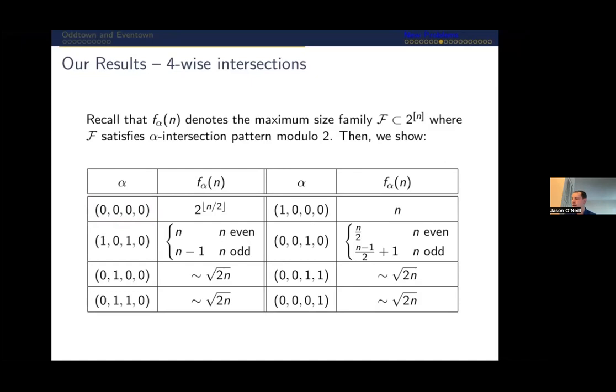So I look here, the one that we just talked about, the tale of two cities construction, it turns out that those 4-wise intersections are also going to be 0 mod 2. So that's the one that we just talked about. And now we have four new problems down here. And all of those end up looking like the square root of 2 times n. Okay, so let's take a look at one of them.